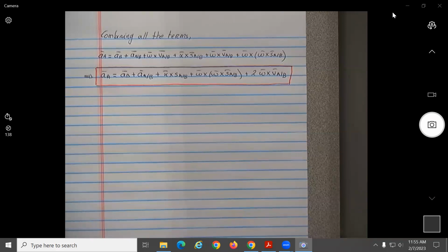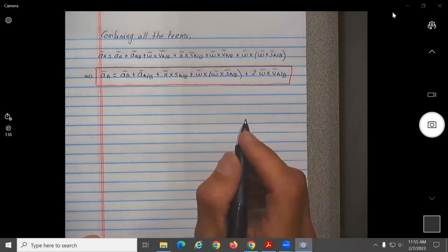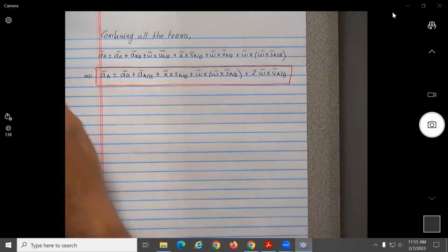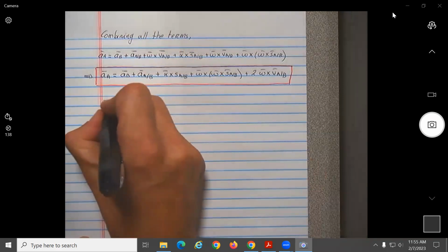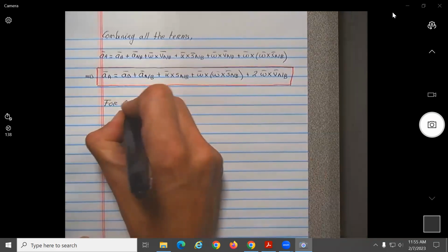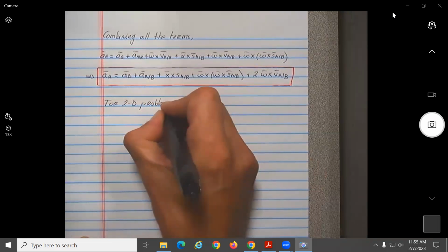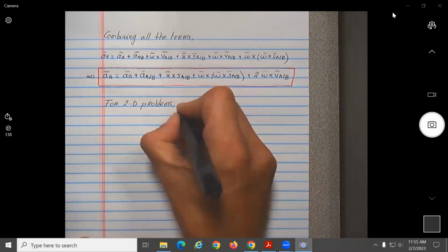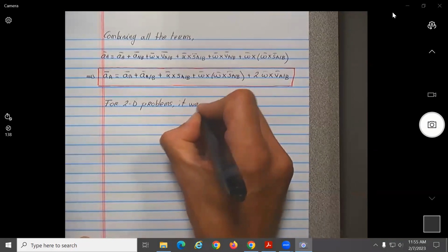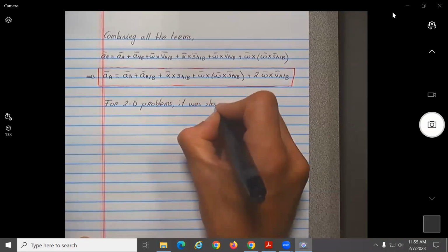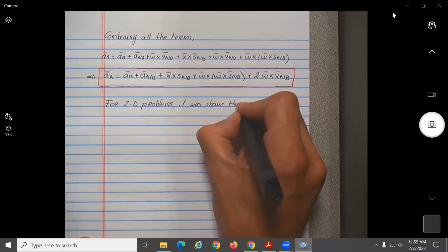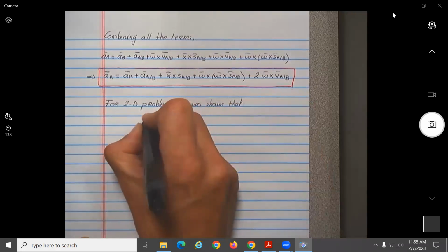Okay, since we're going to use it in 2 dimensions, before specifying the meaning of each one of the terms, let's see what simplification we can do for 2D. For 2D problems, it was shown, let's see if you remember.